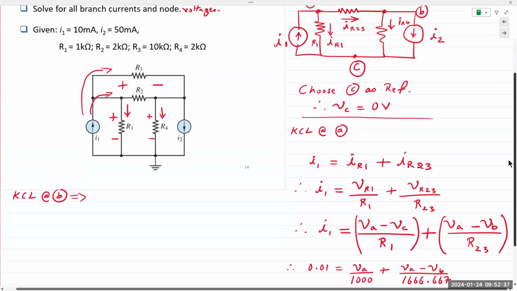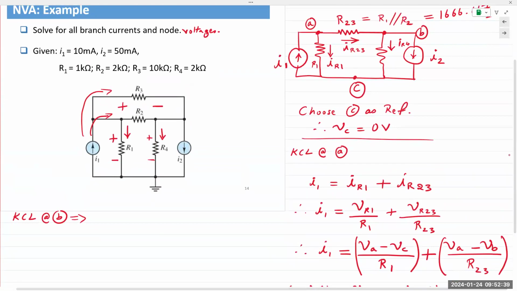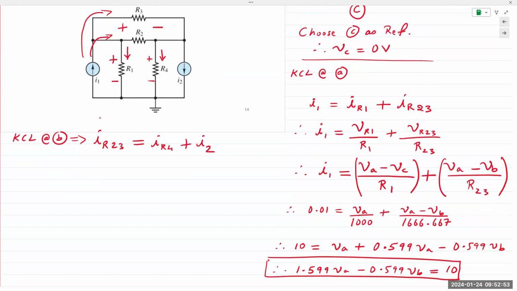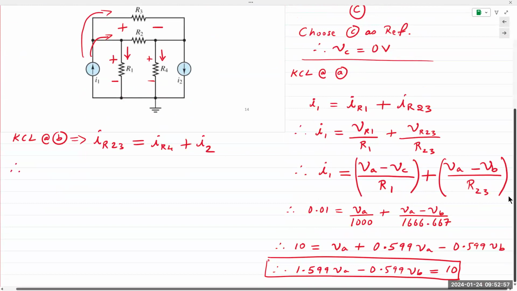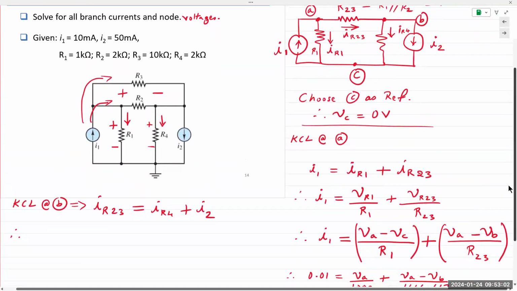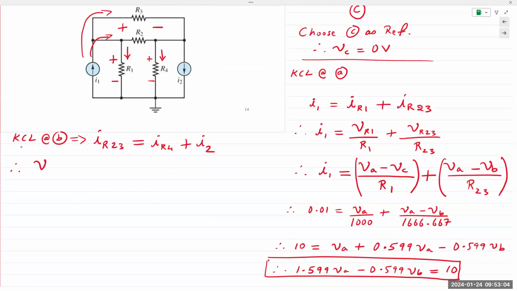I have IR23 entering, IR4 and I2 are leaving. So I would write IR23 and IR4 plus my current source I2. IR23 I can write as VR23 divided by R23.